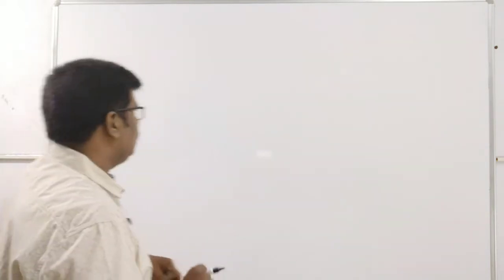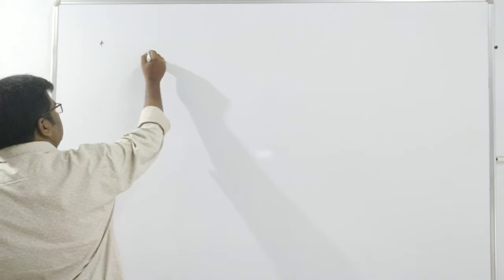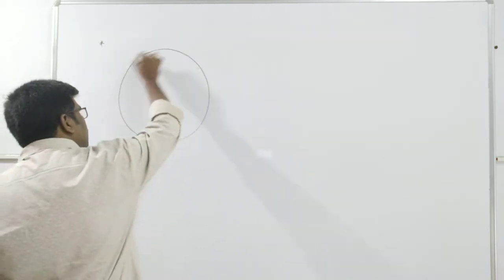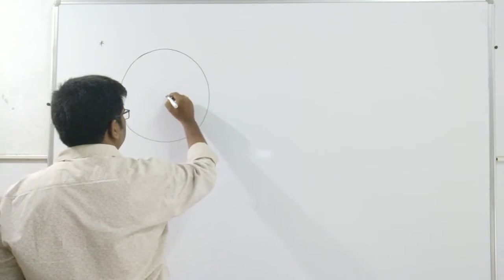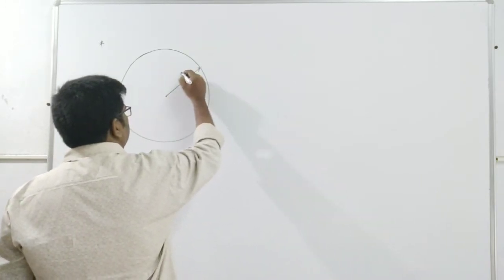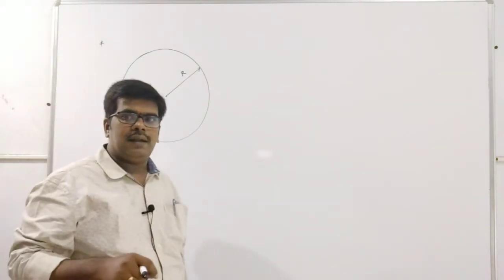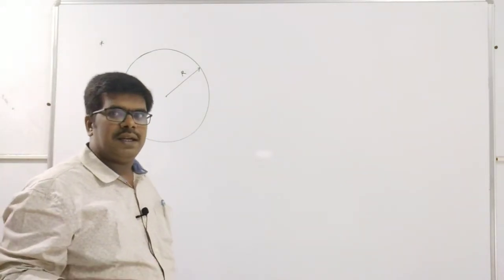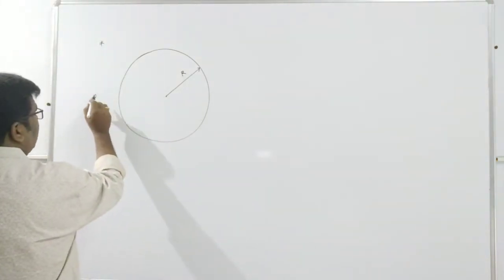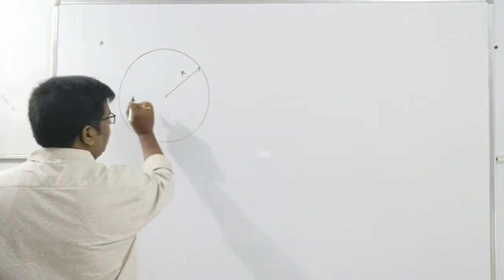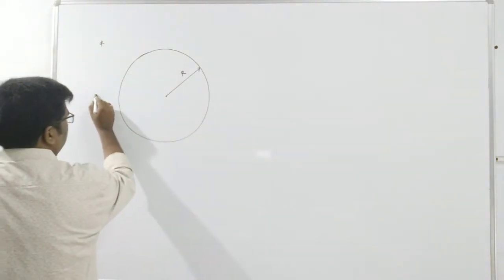In the same way, if you take a hollow sphere whose radius is capital R, and in this sphere you place a thin conducting wire whose linear charge density is lambda, and that conductor is passing exactly through the center of the sphere. That is the point you have to understand.